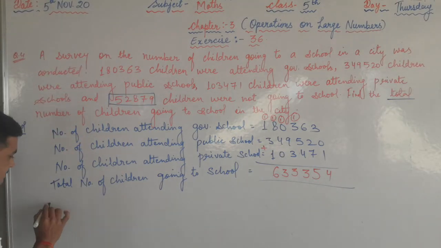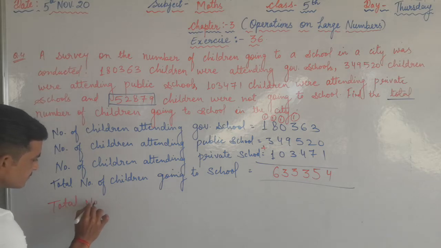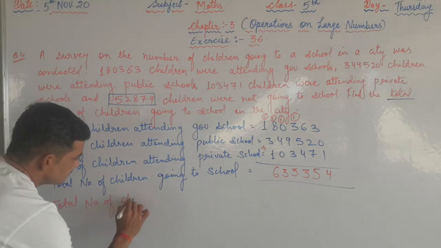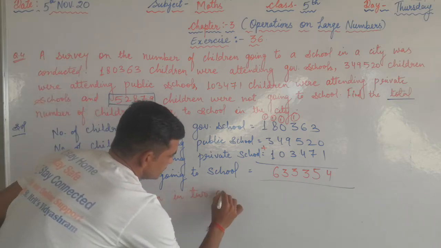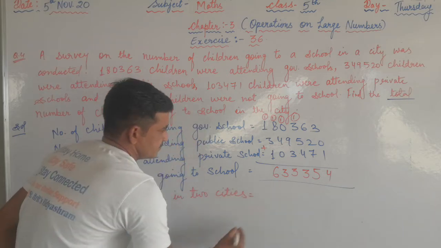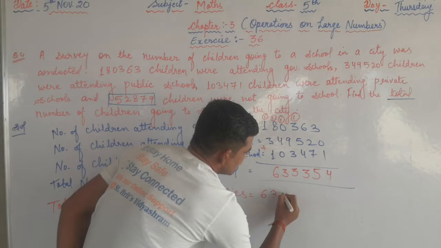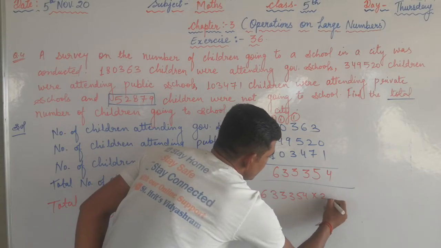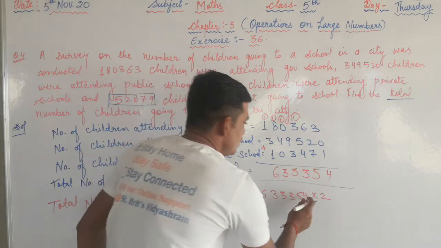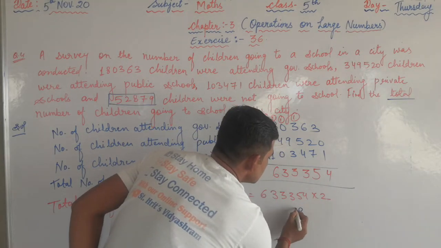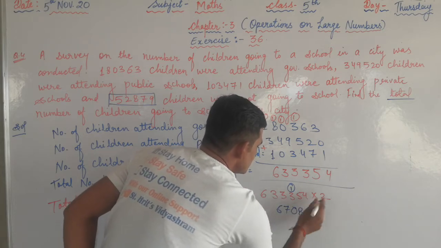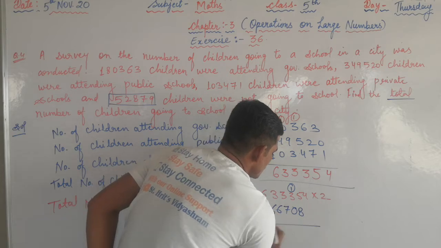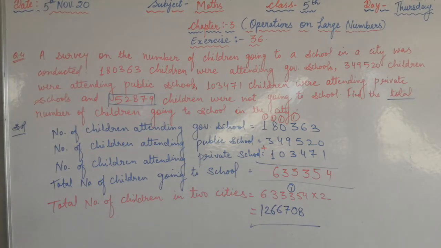Now see, six lakh 33,354 multiplied by 2. 4 twos are 8, 5 twos are 10, 0 carry 1, 3 twos are 6 plus 1 is 7, 3 twos are 6, 3 twos are 6, 6 twos are 12. So these number of students are going to school in two similar cities. So this is the question.